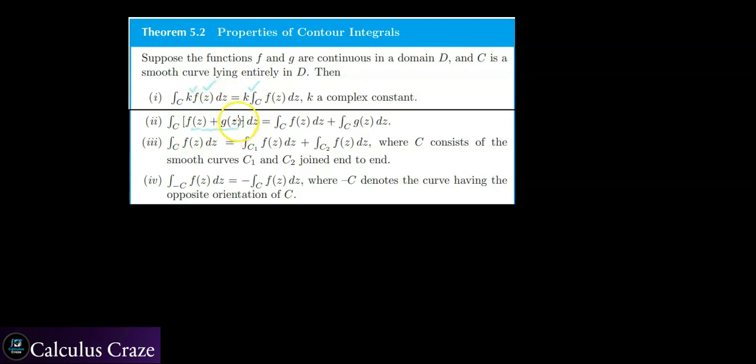And the other one is if you are integrating a sum of two functions, then you can integrate and sum. So the integral of a sum of two functions is basically the sum of integrals of the two functions.